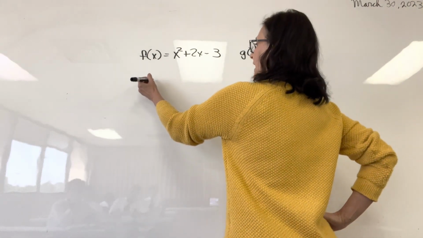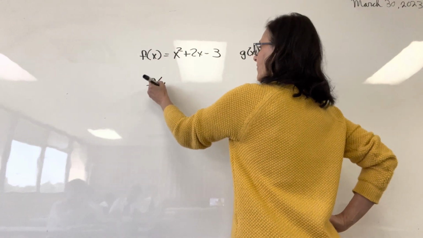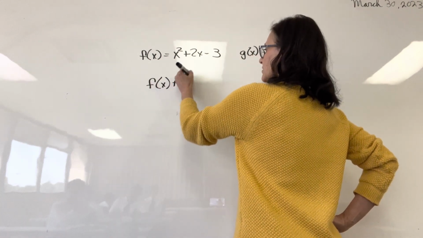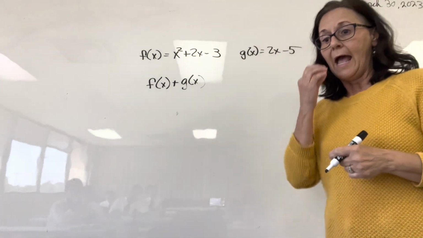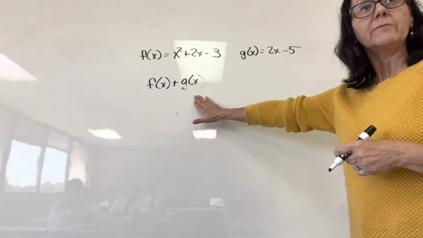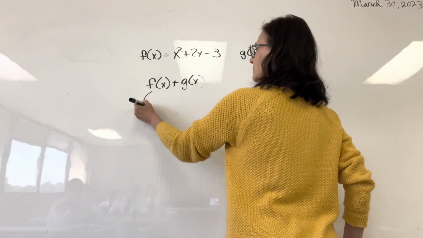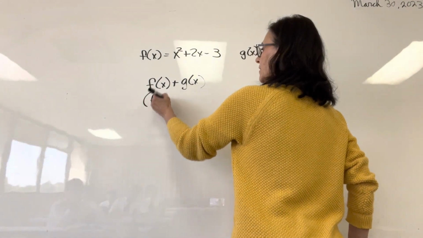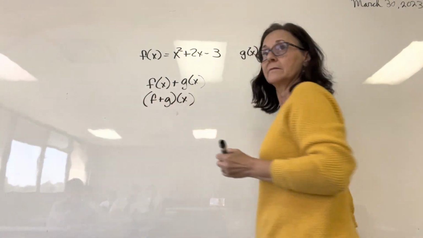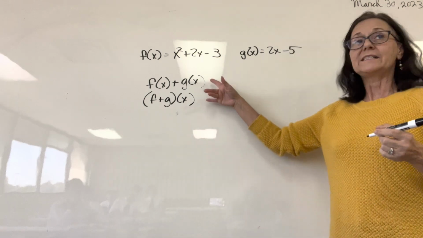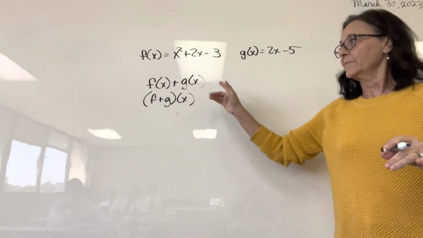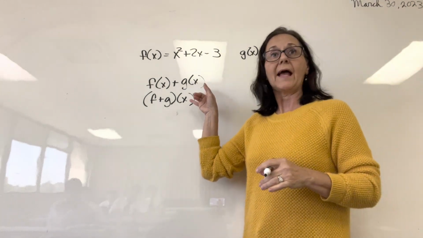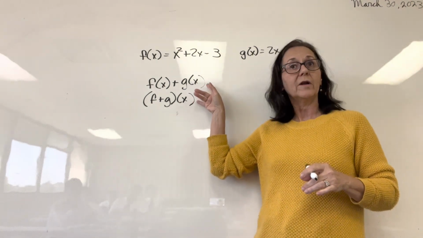So I could say, what is f of x plus g of x? And that would be adding. This could also be written as, what is f plus g of x? Addition and subtraction of functions can be written either one of these ways.